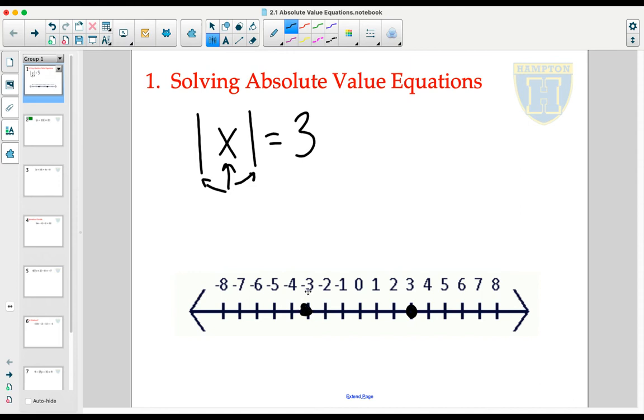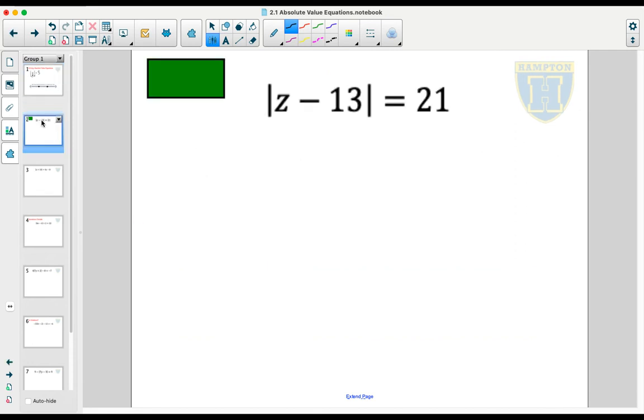Depending upon how difficult the inside of the absolute value is will determine how difficult it will be to solve the equations. Taking this first equation as an example, the absolute value of z minus 13 is equal to 21. Remember what the absolute value is asking us for.